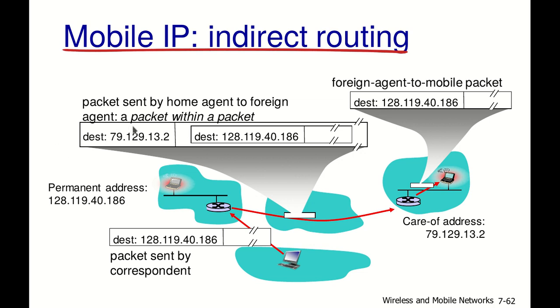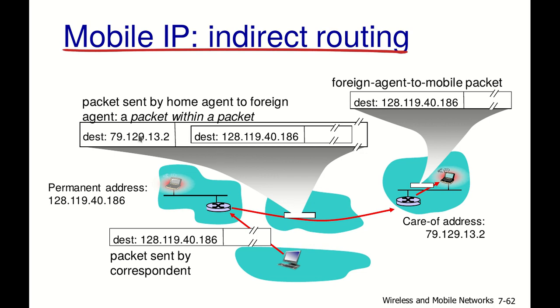So the home agent will forward this packet from the correspondent by encapsulating it within a new IP datagram packet. Now the new packet will have the destination IP address of the care of address.